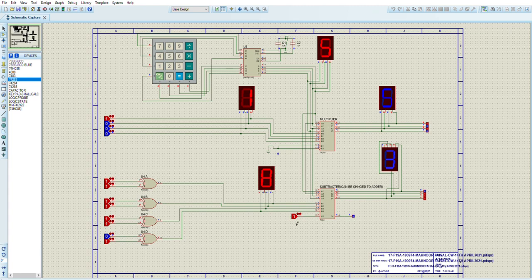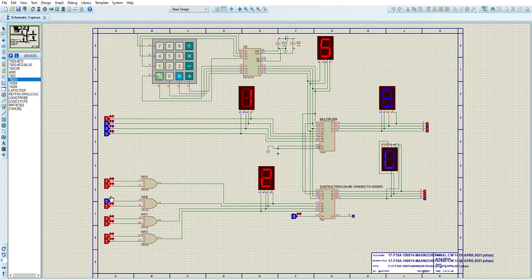Okay, now I'll turn it off and you can see that it is E, which means it is out of control, so I'll just press 1 and you can see that it is 9 now. Okay, so I'll press 0 and you can see it is 5 because 0 plus 5 is equal to 5.